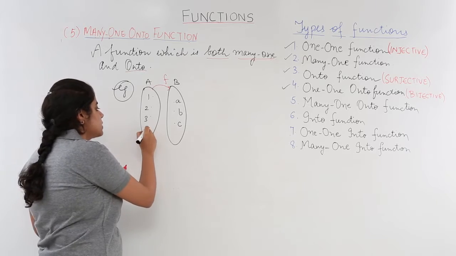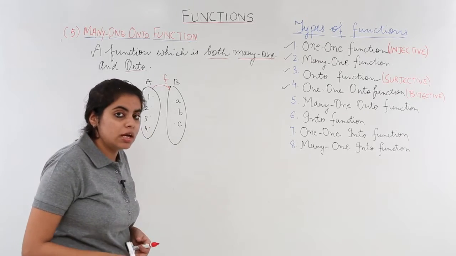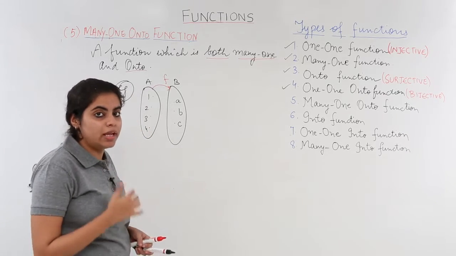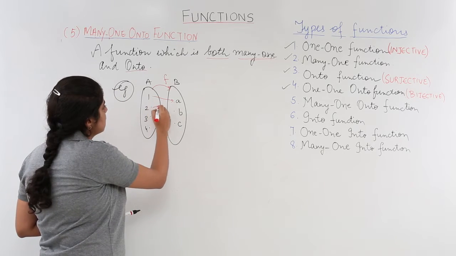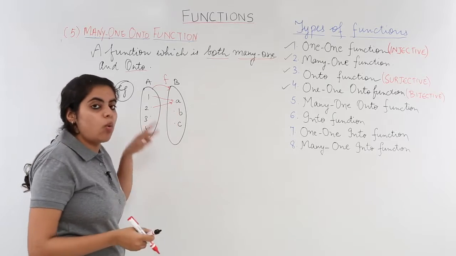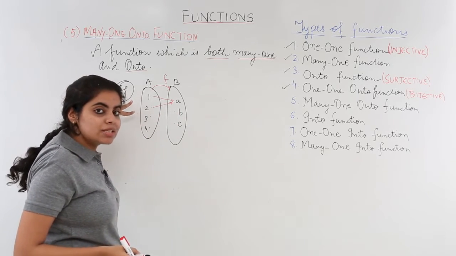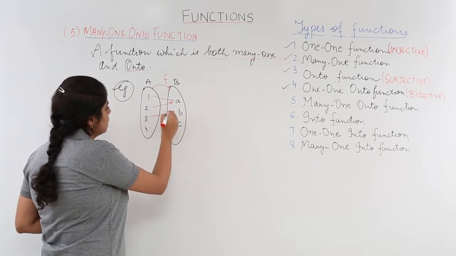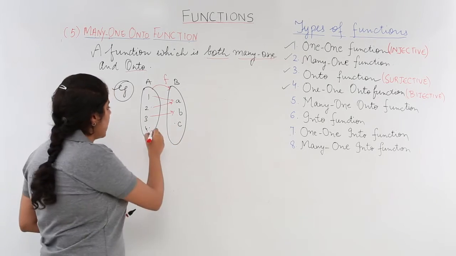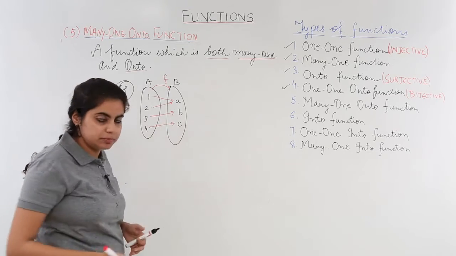Suppose there are 4 elements, anything can be possible. Now, I have a mapping from A to B and the relationships are made as follows. Both 1 and 2 have the same image A, 3 is related to B and 4 is related to C.